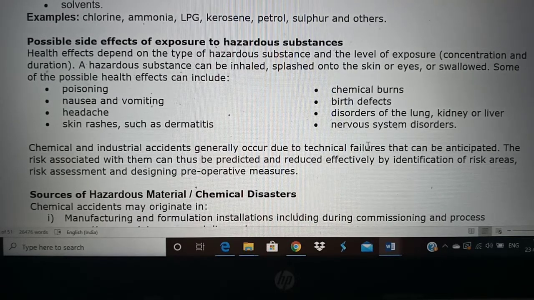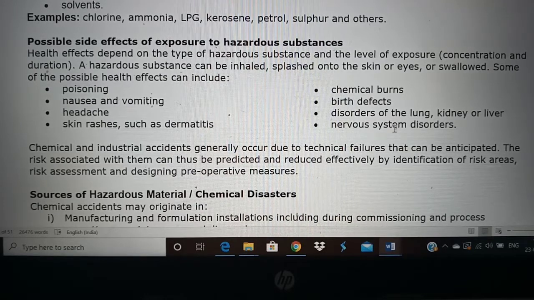In long term effects, like I was talking about with nuclear power plants, the long term effect is birth defects, that is in the next generation, because the genetic changes are there in the human body. When the child is born, the child can be born with defects. Then there can also be disorders of the lung, kidney, liver, and nervous system disorders. If it has affected too many parts of the body, then the person can have multi-organ failure, cardiac arrest, and even die.